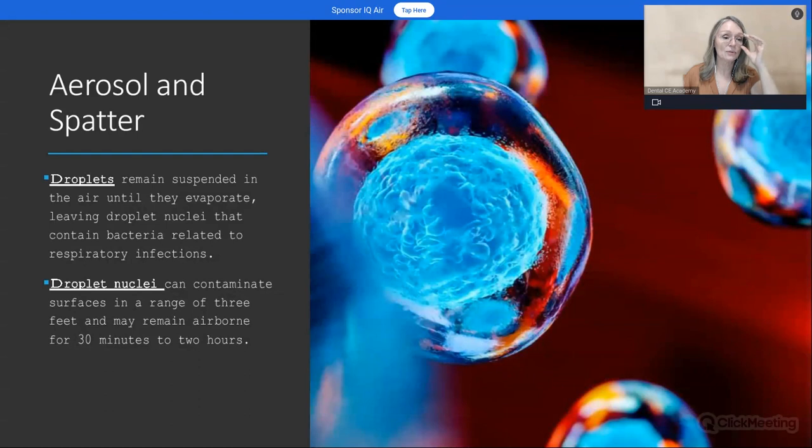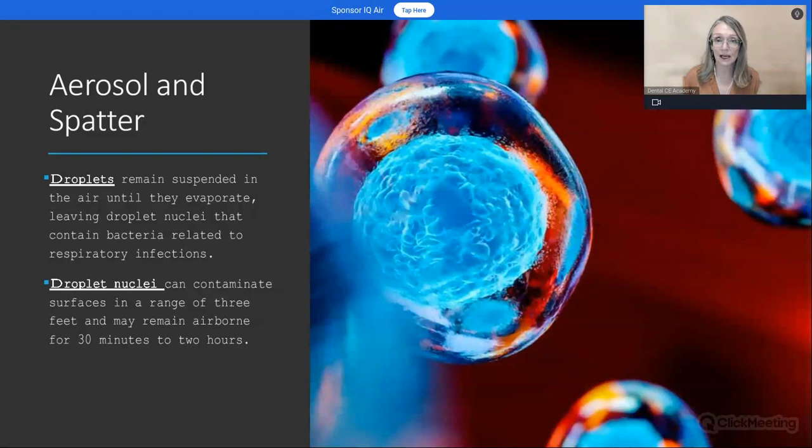And again, let's review the droplets and droplet nuclei. So droplets, as we said, can remain suspended in the air until they evaporate, and they leave behind these droplet nuclei that are very light in mass, but they contain pathogens, bacteria, for instance, related to respiratory infections.